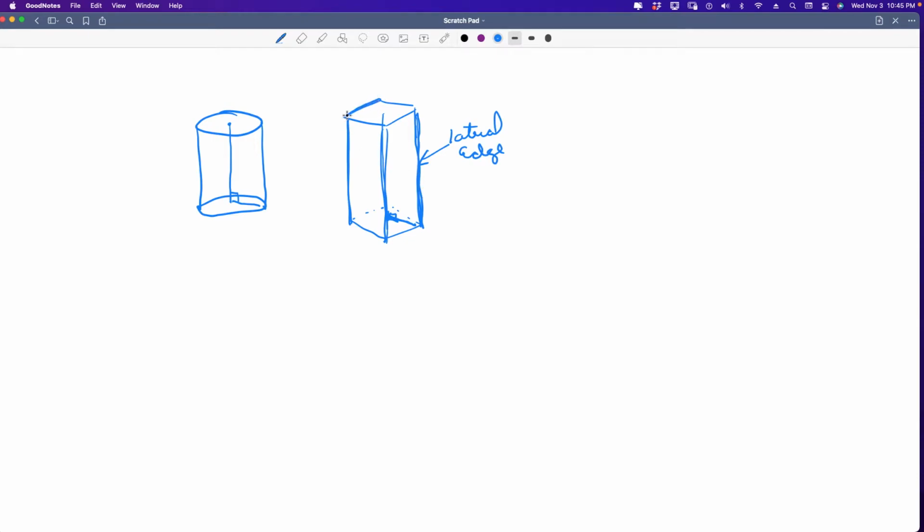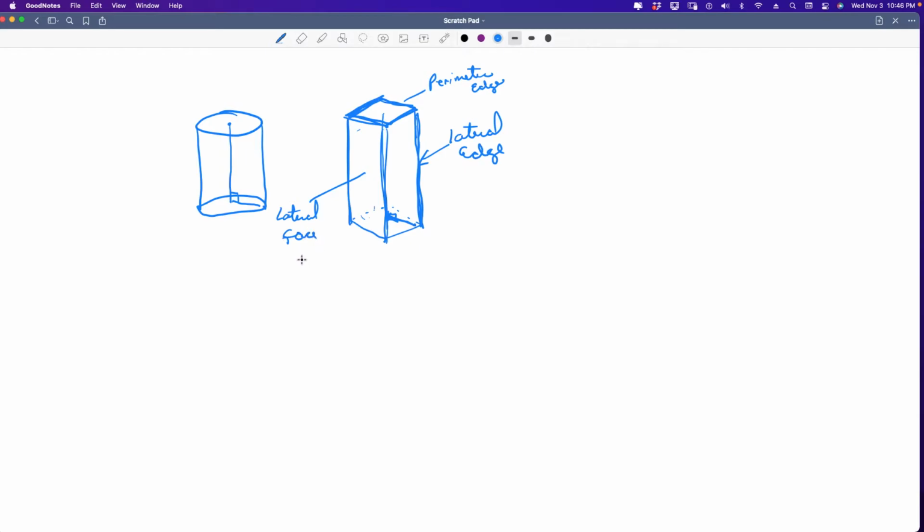Now, around the circumference, excuse me, or the edge around the top, around the main shape or the base shape, that's going to be called your perimeter, as usual. But we also call it the perimeter edge, because it goes all the way around right on the edge of your shape. Now the side, this whole side right here, is called a lateral face.